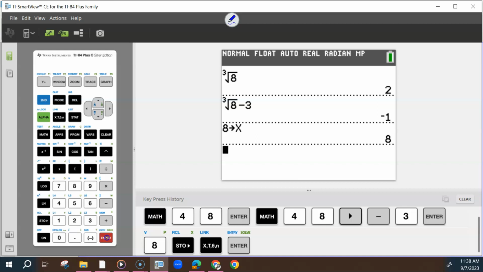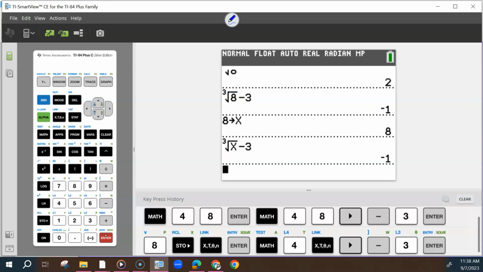So then if I retype this, math 4, I'm going to put in x instead of 8, come out, go to the right, and then -3. You should get the same thing. Right, so you can use either method, putting the numbers in, or using the variable.